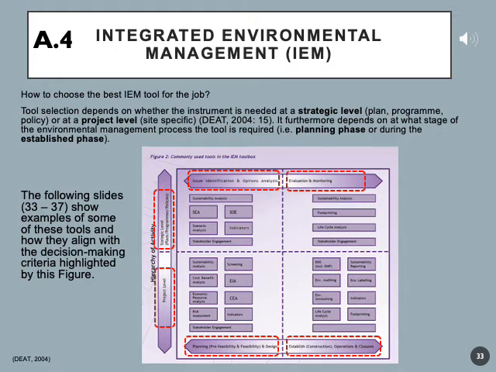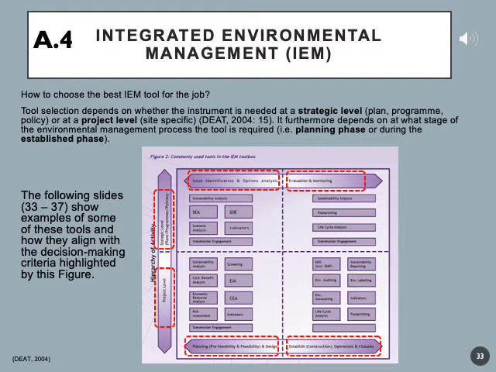You might wonder how one then chooses which tool to use for which environmental situation. You'll see this diagram developed by DEAT is very handy in that it shows us that tool selection depends on whether the instrument is needed at a strategic level, so that is a plan, a program, or policy, or at a project level when it's site specific.